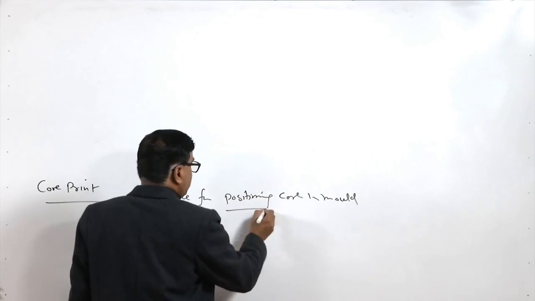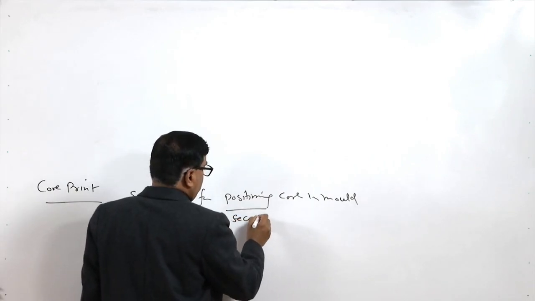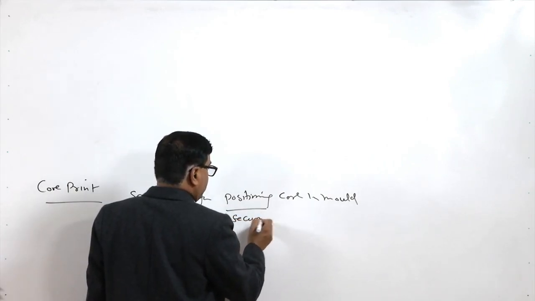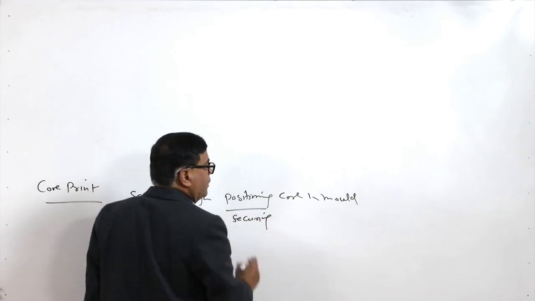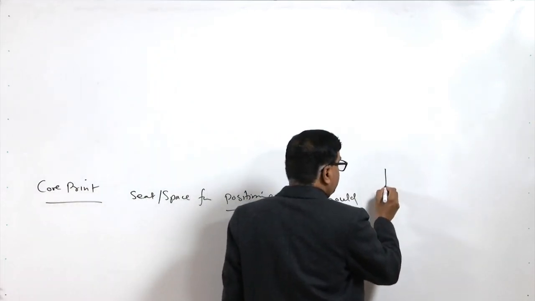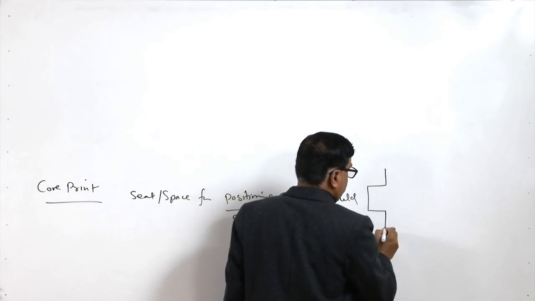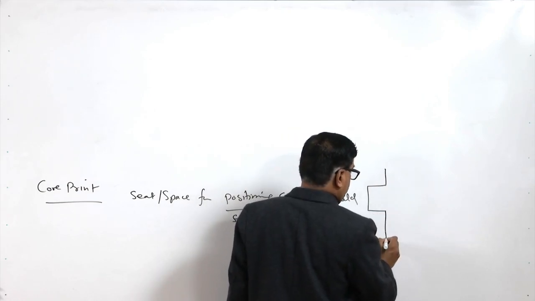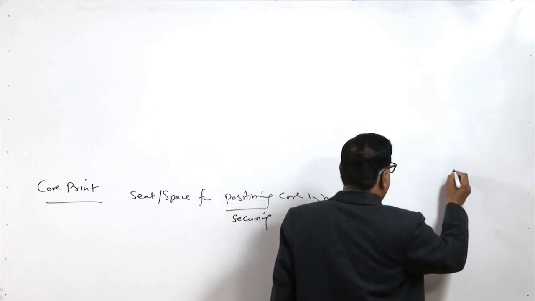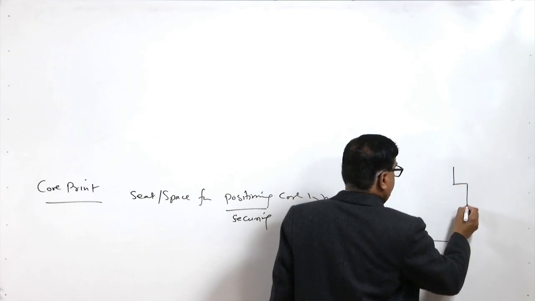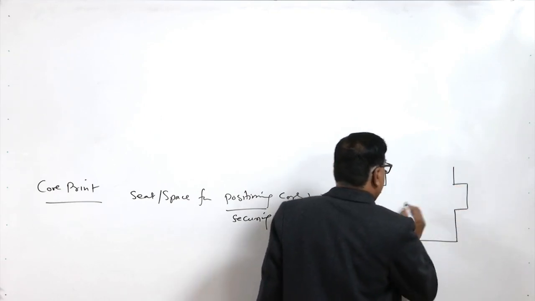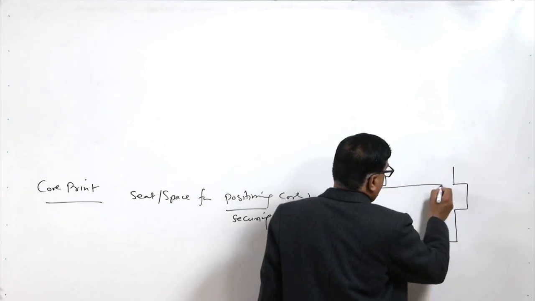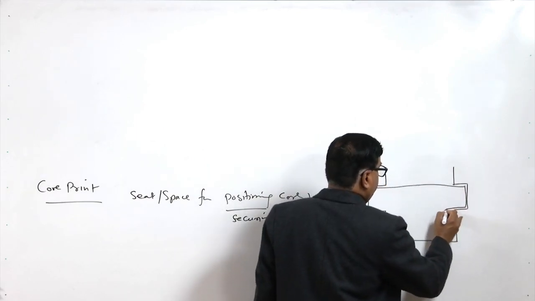So, positioning as well as securing, it is to be held properly in the mold. Say, this is the core print, this is the cavity, this is the core print. So, here this is the location where the core will be placed.